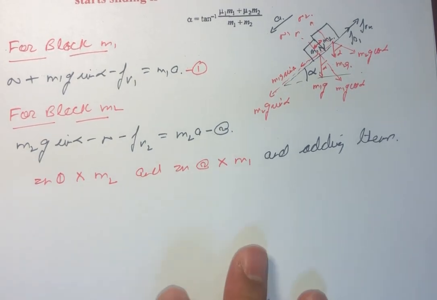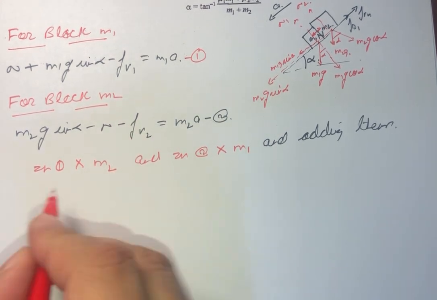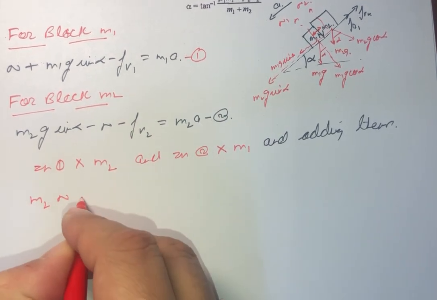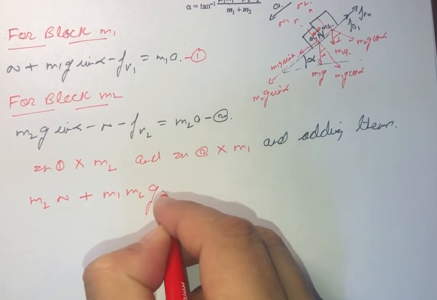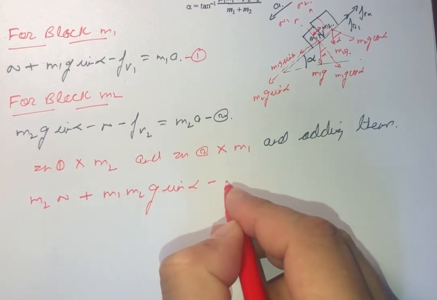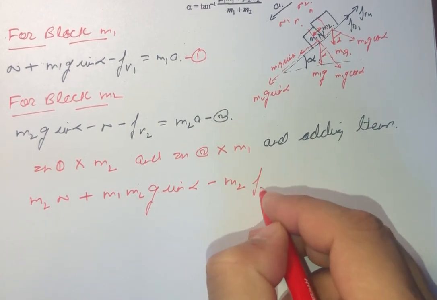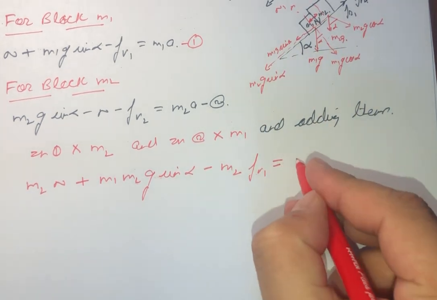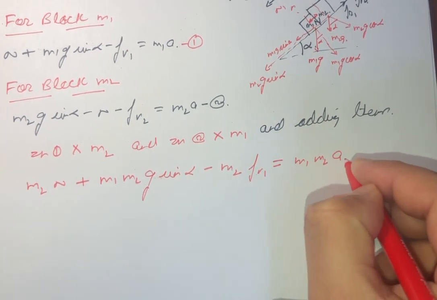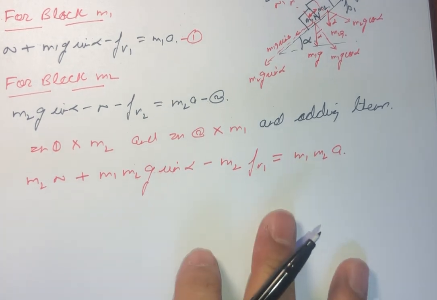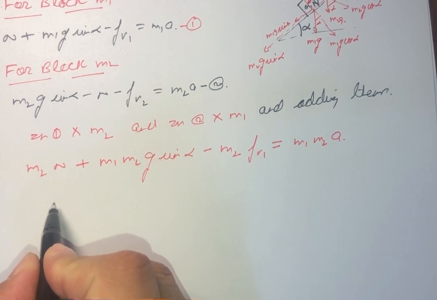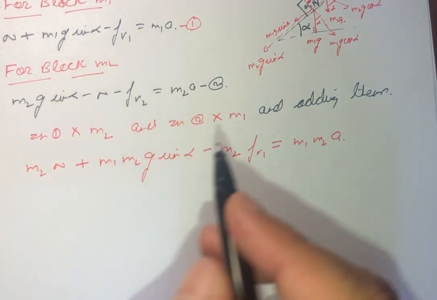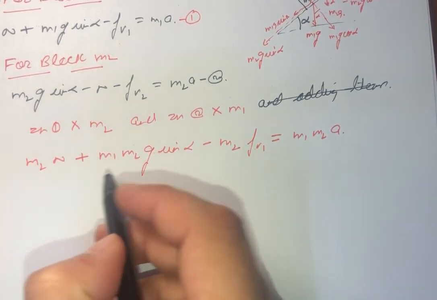We get m2 n plus m1 m2 g sin alpha minus m2 fr1 is equal to m1 m2 a. And the second equation, we have to subtract them, not add.